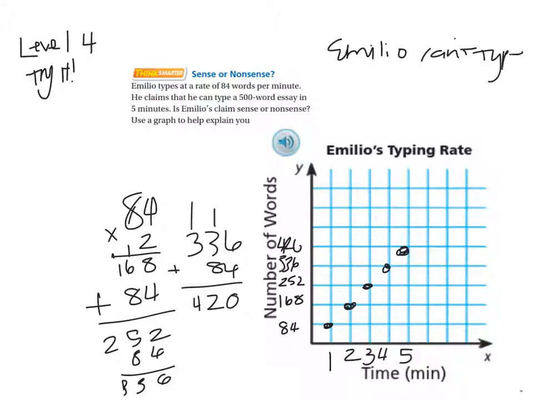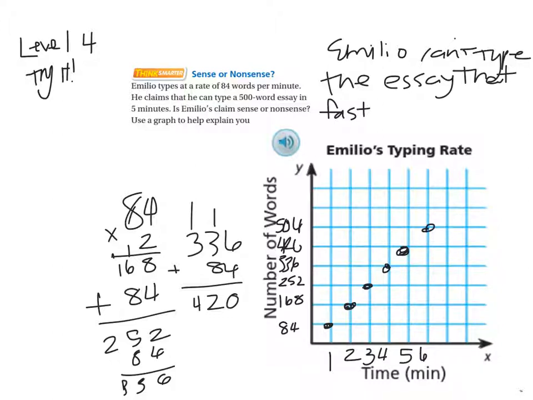type the essay that fast. Me and this iPad are having issues tonight. He could do it in 6 minutes, because in 6 minutes he'd be at 504 words, right? In 6 minutes, if he knows exactly what he's typing and he can go that fast.